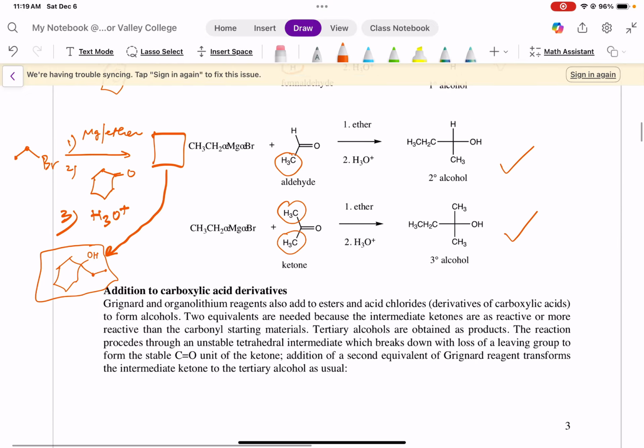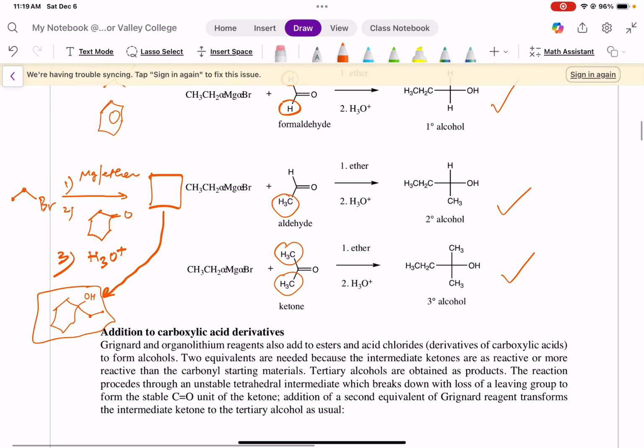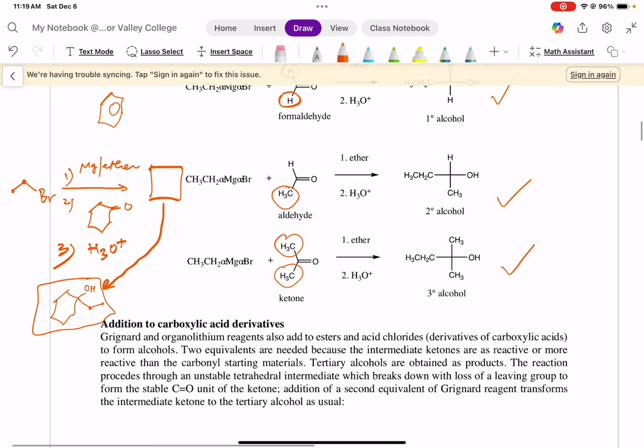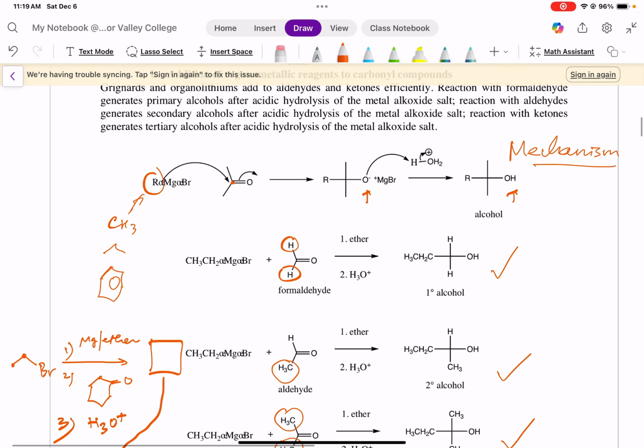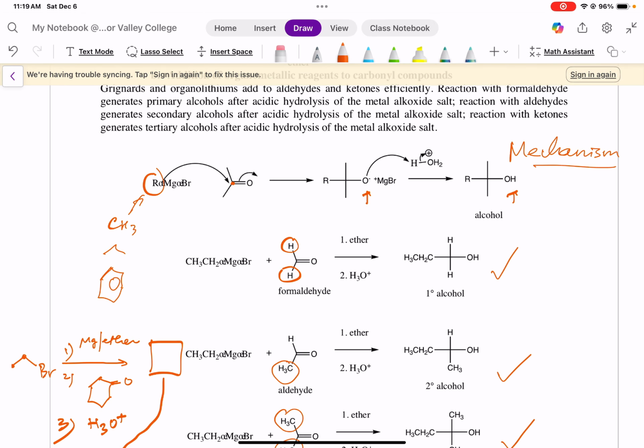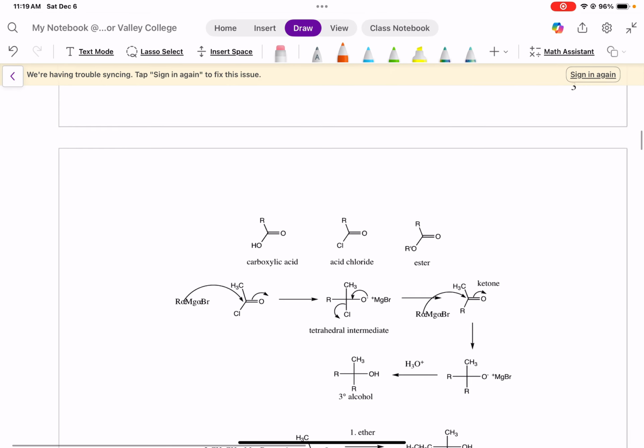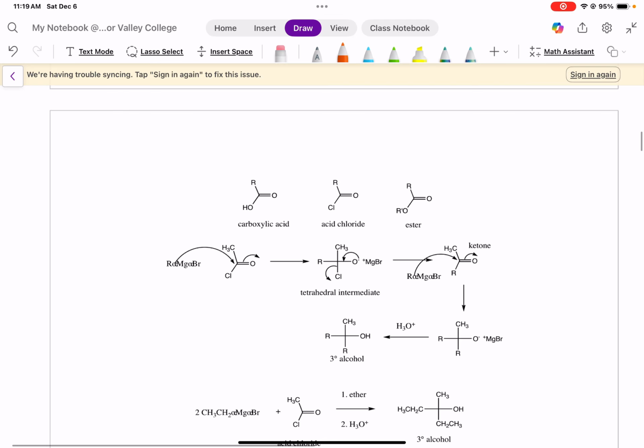So that's what you see, and our job is to be able to predict the final products. The mechanism is pretty straightforward. As you can see right here, this is the mechanism. It shows us how it happens.